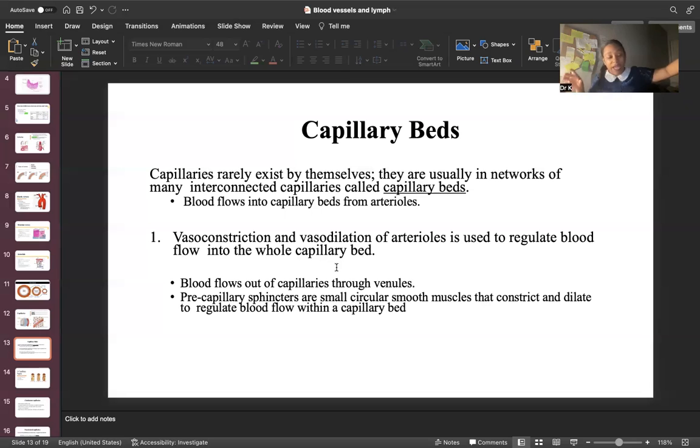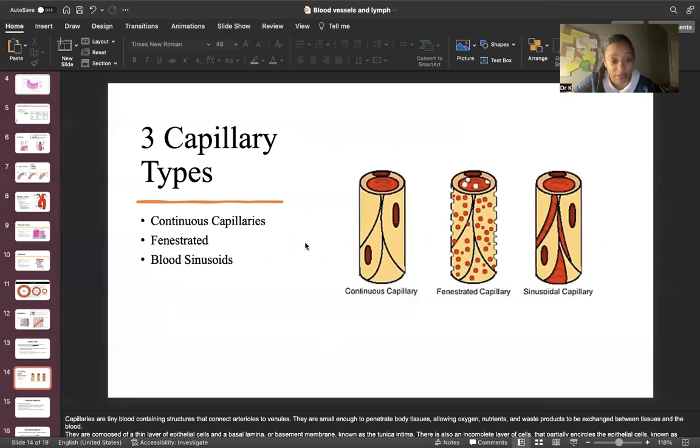Unless there's vasoconstriction and vasodilation of these arterioles, they're not going to know how to move. Those are sensed and regulated via the smooth muscles that are stimulated by neurotransmitters like acetylcholine, right?